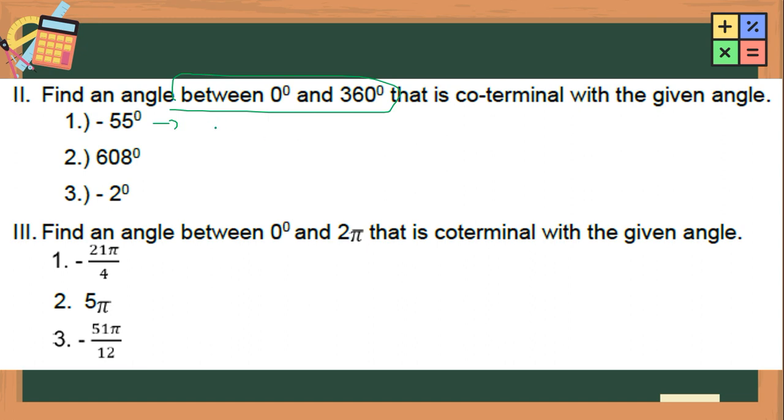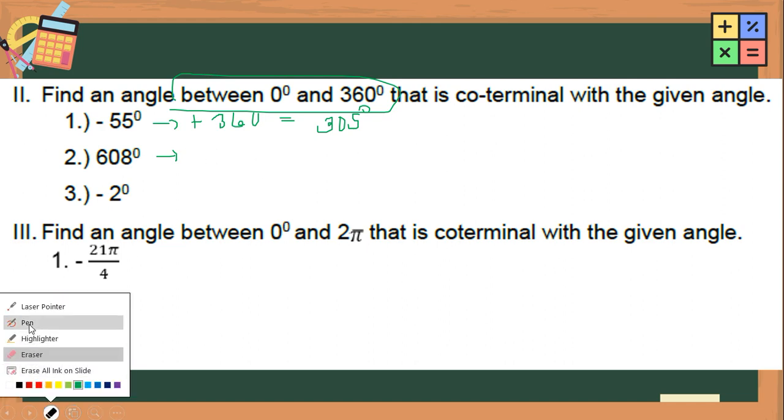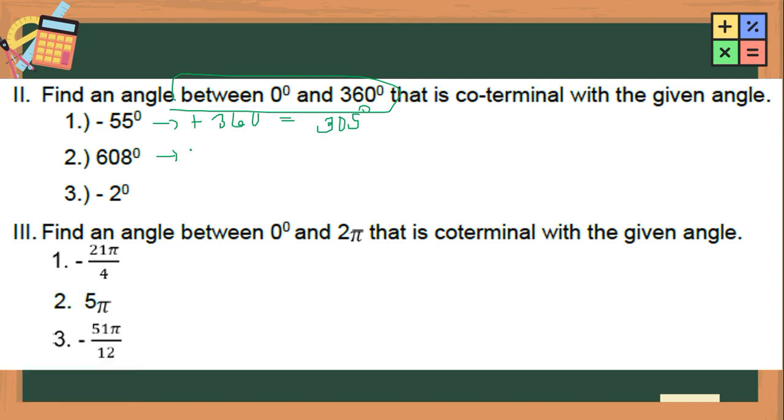So negative 55 plus 360 is equivalent to 305 degrees. How about 608? 968? What did you do? Minus? What did you do?